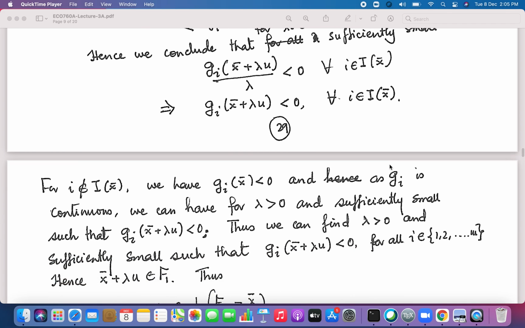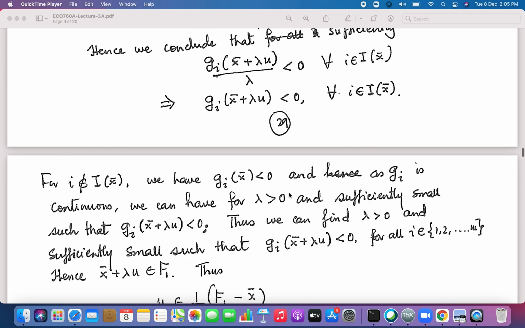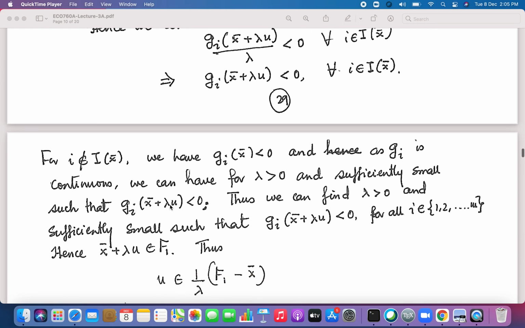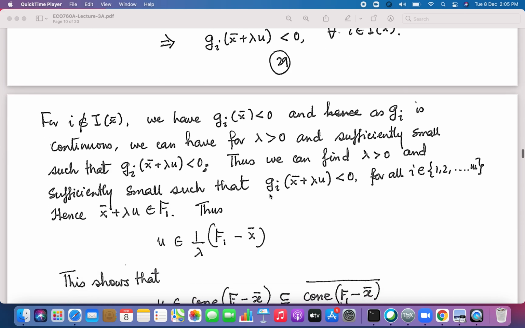And hence by continuity of g_i, you can find a lambda sufficiently small for which this is true, and hence showing that x bar plus lambda u is actually an element of F1.